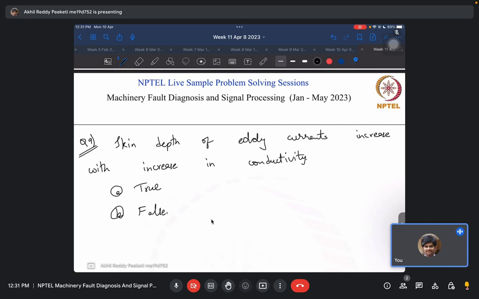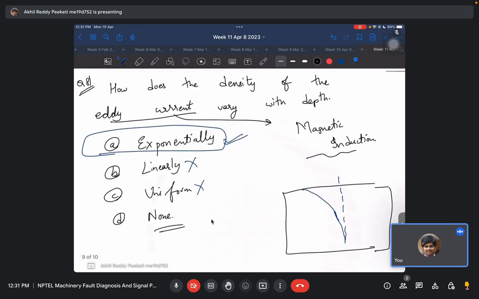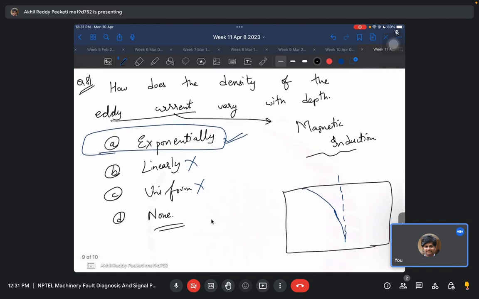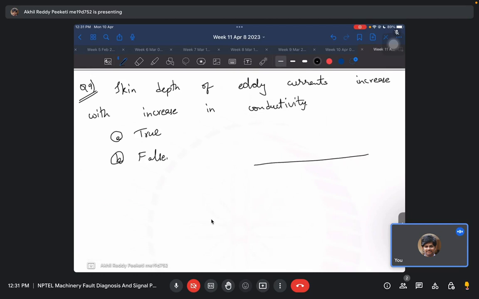So how does the skin depth of eddy currents increase with increase in conductivity of the sample? As we saw in the previous question, the density of the eddy currents varies with the depth exponentially.